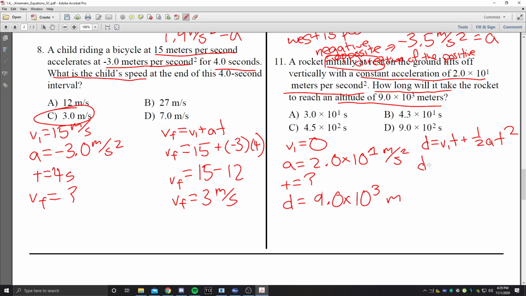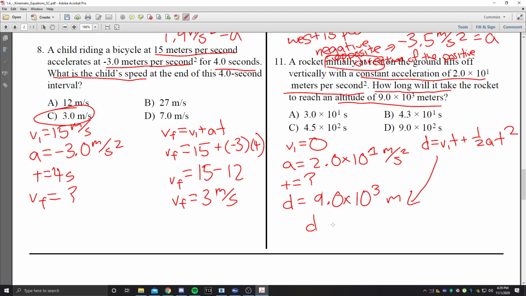So VI is equal to 0. Since 0 times anything is 0, we're going to put it at 0. So 1/2 times 2.0 times 10 to the 1 t squared. I'm going to rewrite it down here.